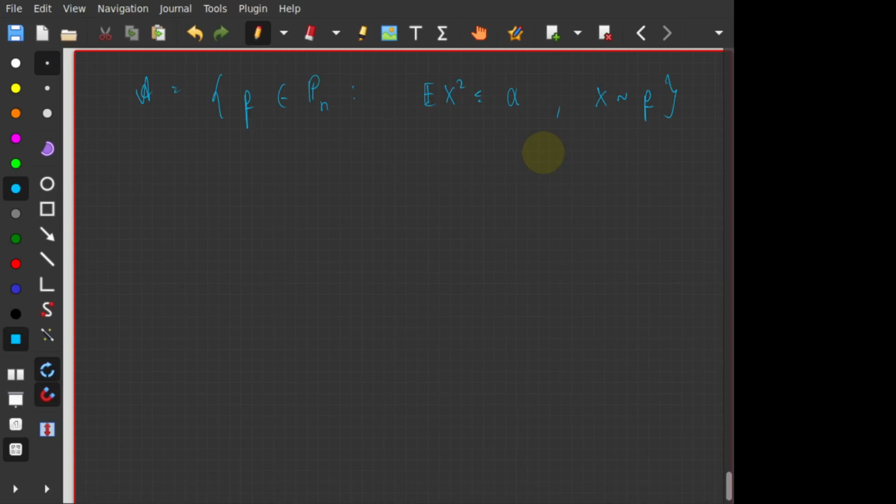Picking a p is equivalent to picking a random variable because you're just choosing a distribution, and you want to choose a distribution such that the second moment of the power is less than or equal to alpha. So now you're looking at a subset of the set of all distributions.